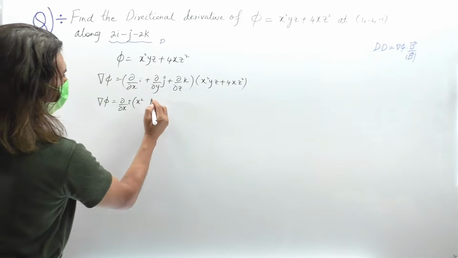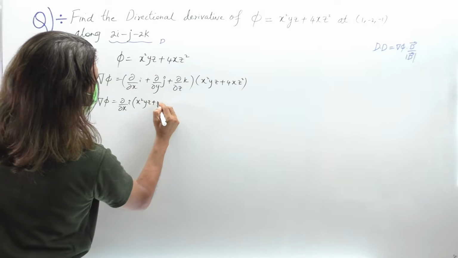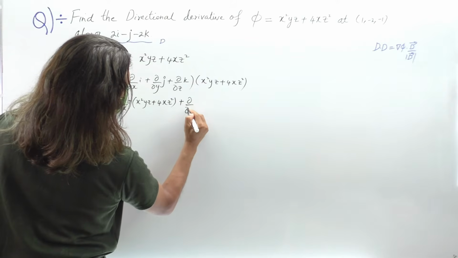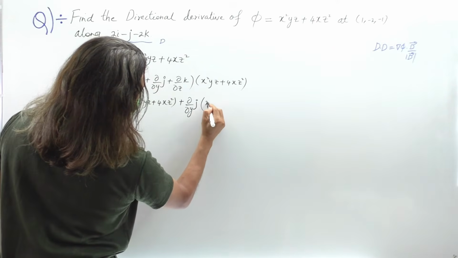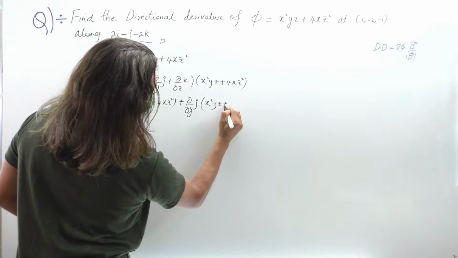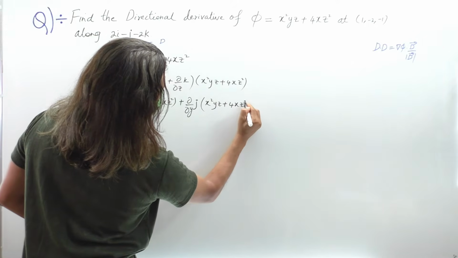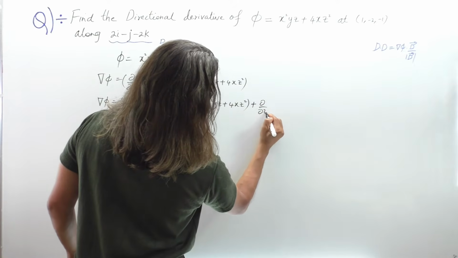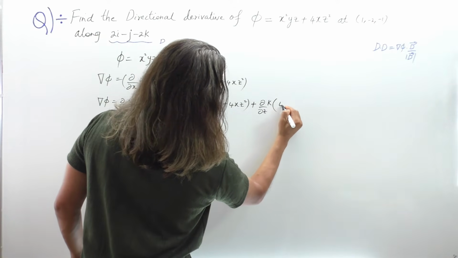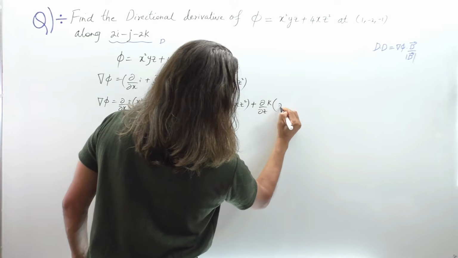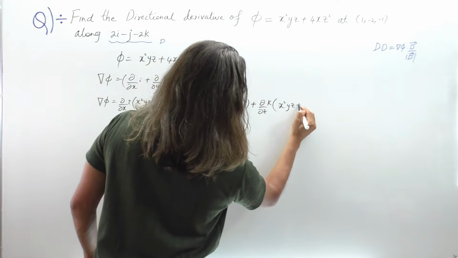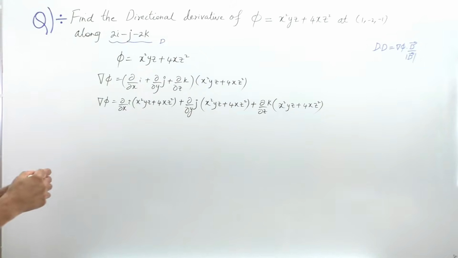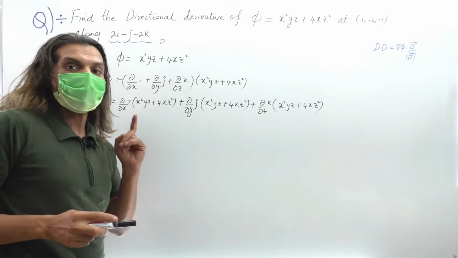Okay, so dou by dou x of x square yz plus 4xz square, plus dou by dou y of j into again the surface x square yz plus 4xz square, and finally plus dou by dou z of k into x square yz plus 4xz square. Now we need to differentiate it partially.